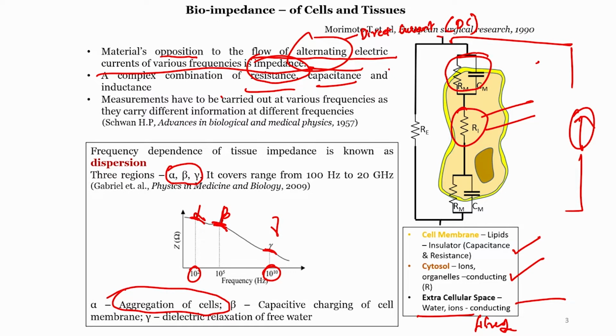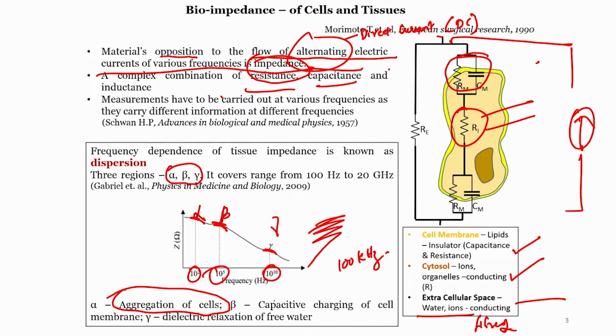Now the beta dispersion happens at higher frequency, around 10 raised to 5, like 100 kilohertz. That means at high frequency, if you imagine, the capacitors in the circuit are constantly charging and discharging.